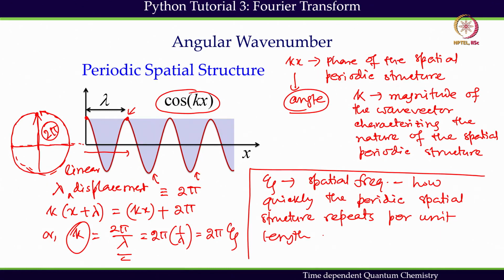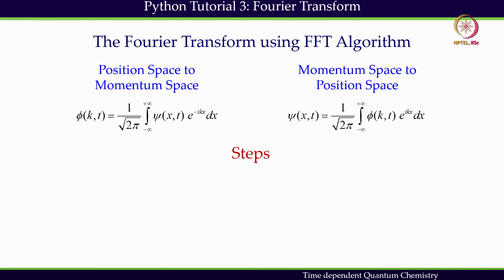So if we have that, then what we see is that this k is related to this spatial frequency xi, and how to get this spatial frequency we will go over. And this k is representing the momentum space in quantum mechanics. In order to convert from position space to momentum space, and momentum space to position space, which is the inverse Fourier transform, we will make use of an efficient algorithm.